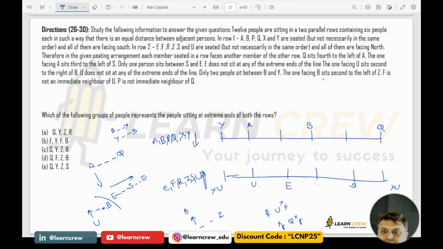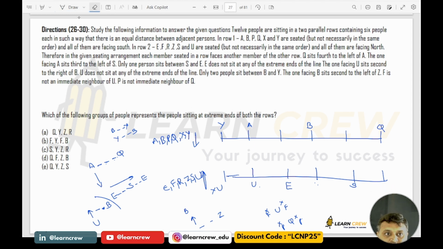The one who is facing B sits second to the left of Z. So Z must be here.